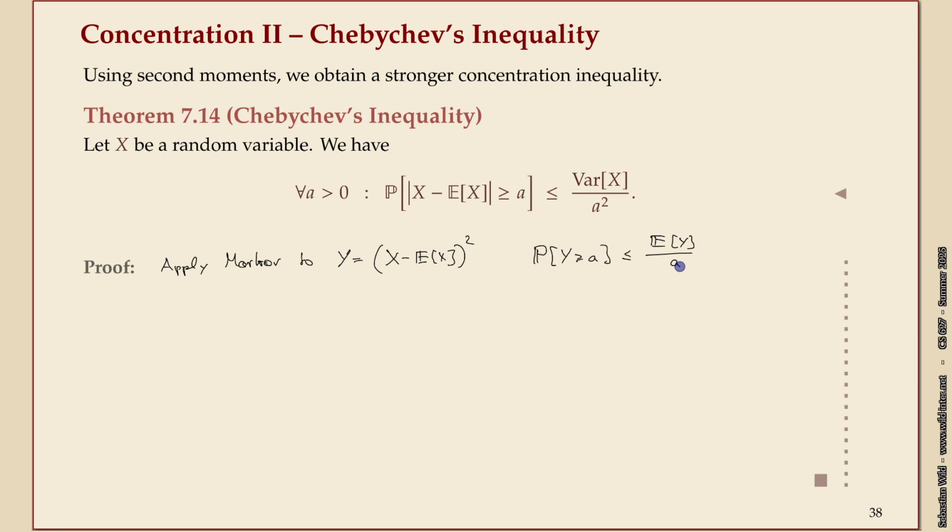Now, let's just pick this apart. What's the probability that this is greater or equal a? Let me call this b here, just in anticipation of a change of variables. If I plug in the definition, that's almost what we want, but there's a square.